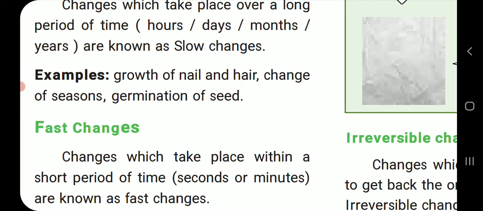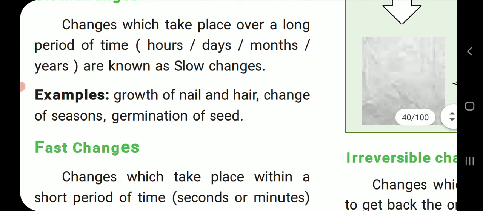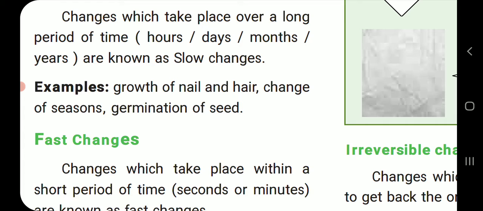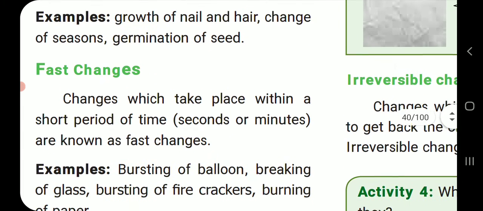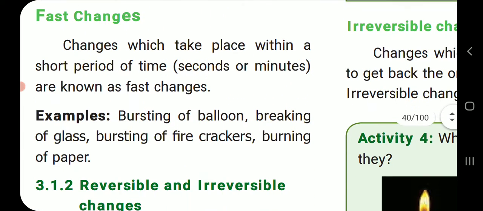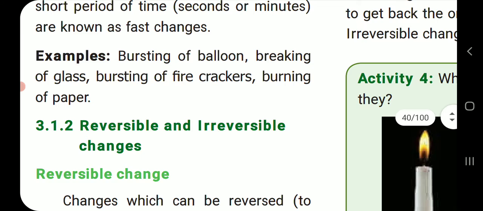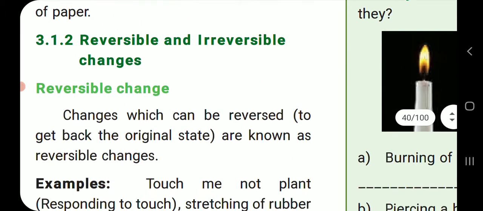So changes which occur very slowly over a very long period of time are called slow change. Fast change, paper. Okay, all these changes occur very fast, so they come under fast change.